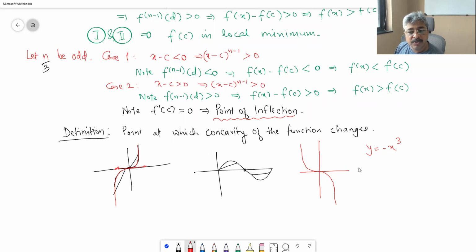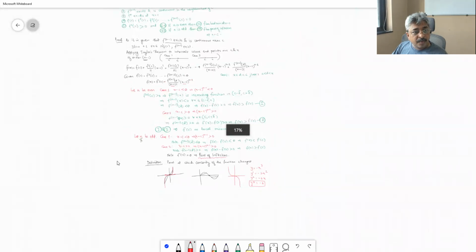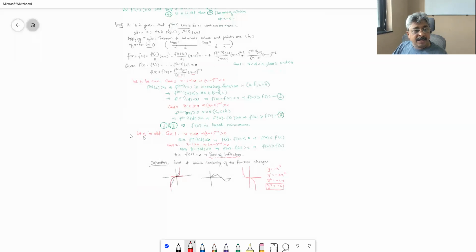Let us find the nth derivative. y1 is equal to minus 3x square, y2 is equal to minus 6x, and y3 is equal to minus 6. So for the third derivative, n is equal to 3, and yn is less than 0, whereas when we started writing this theorem we took fn at c as greater than 0.